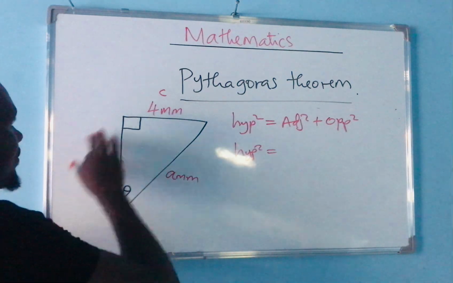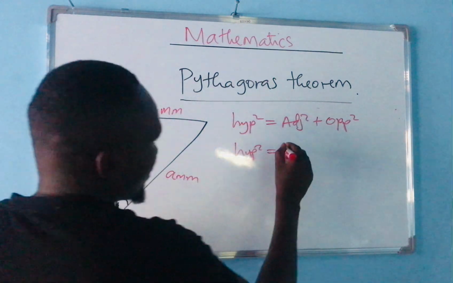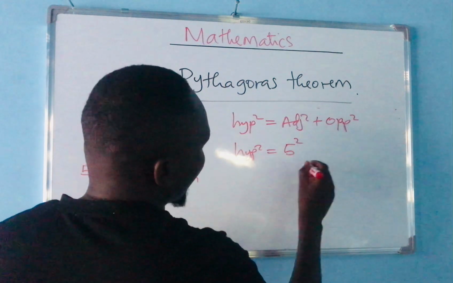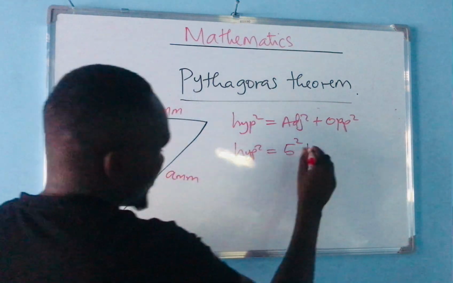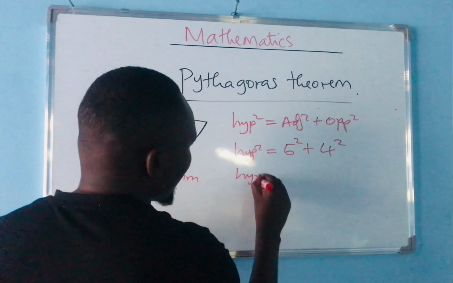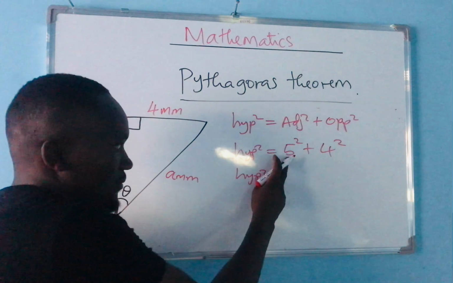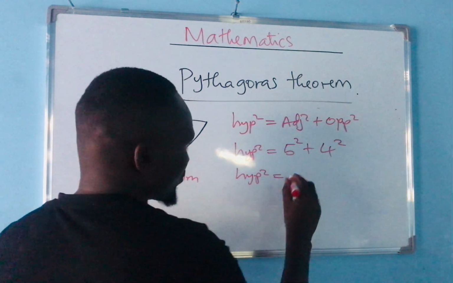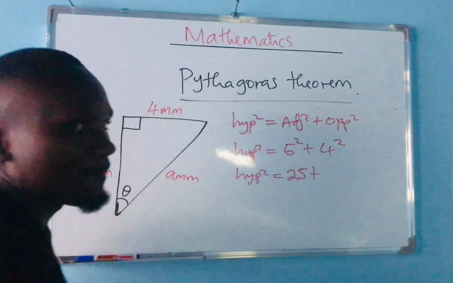So the adjacent is basically 5 millimeters. We use 5 squared plus, we have 4 here as the opposite, so 4 squared. So the hypotenuse squared will be equal to, what is 5 squared? It's basically 25, not so? Plus, what is 4 squared?